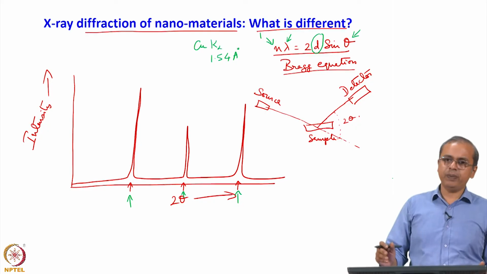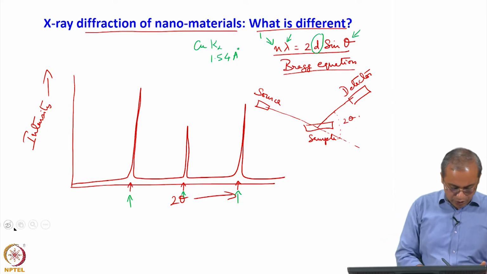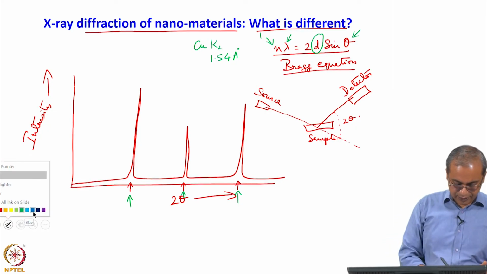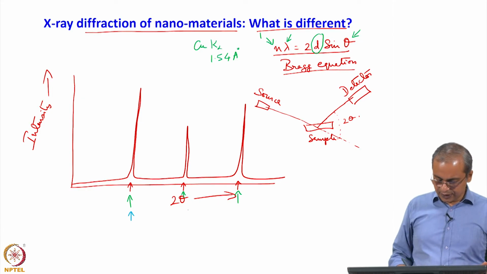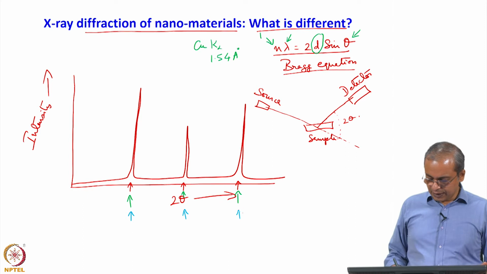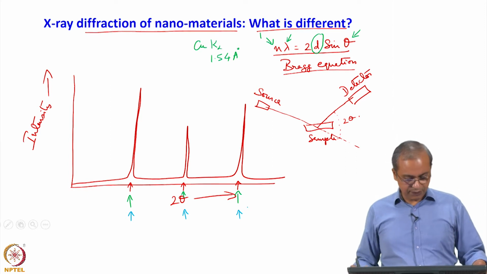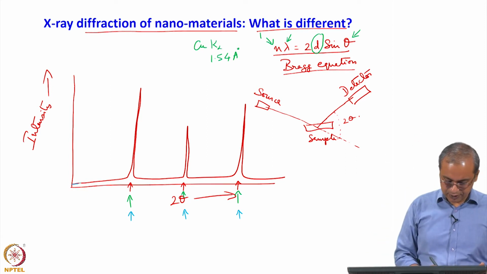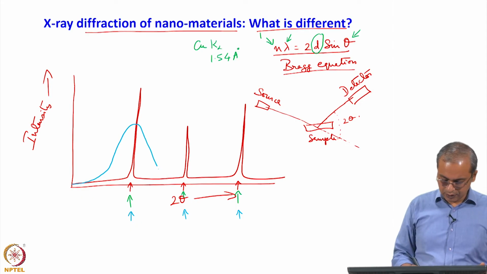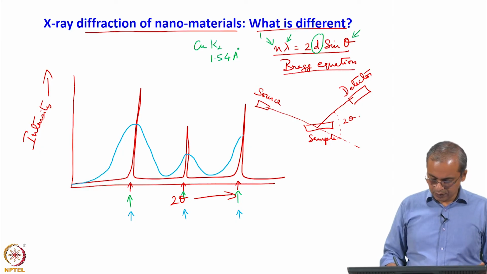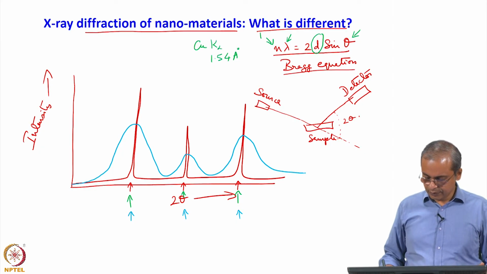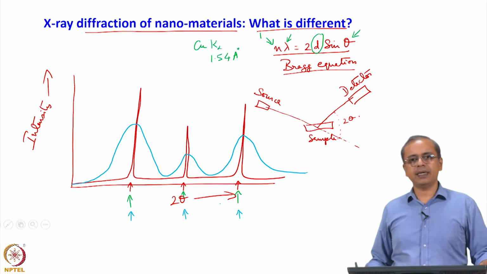Now, when you go to the nanomaterial scale, what you see which is different is the fact that these peaks still appear at the same position, but they are no longer sharp peaks. You actually get very broad peaks. So, you get something like this. I am just drawing a schematic here, you get broad peaks.